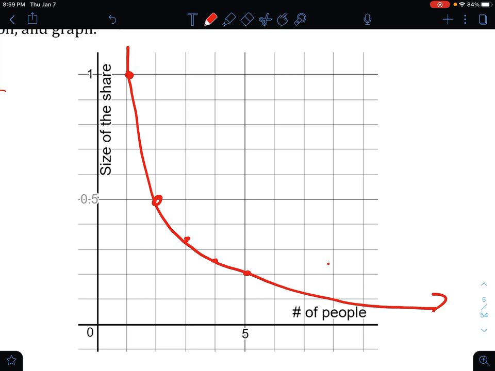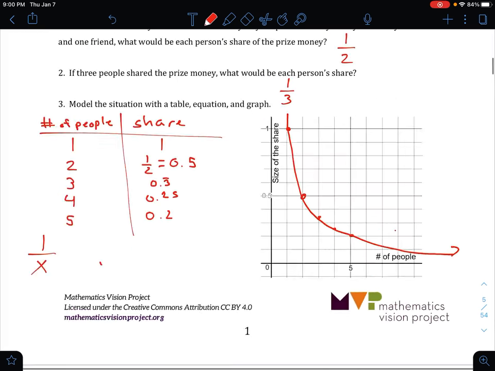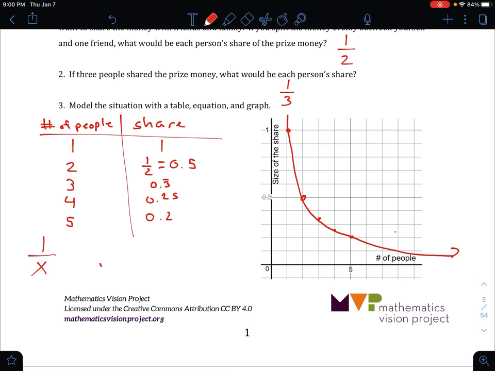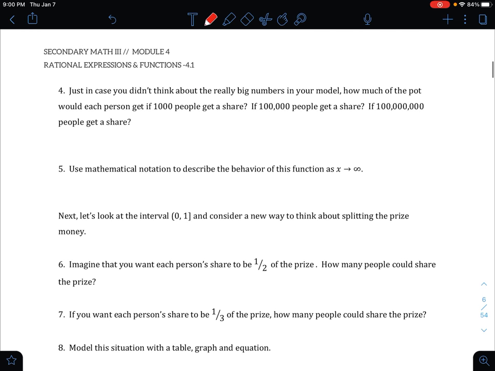The more people that you share it with, the smaller your percent, or I guess decimal, of the prize is going to get. However, you could split it up between 1 million people, 1 billion people, but you're still going to get part of it, right? Even if it's like 1/1,000,000 of a cent, you're still going to get some of that prize money. So what happens is this graph is going to approach 0, all right?